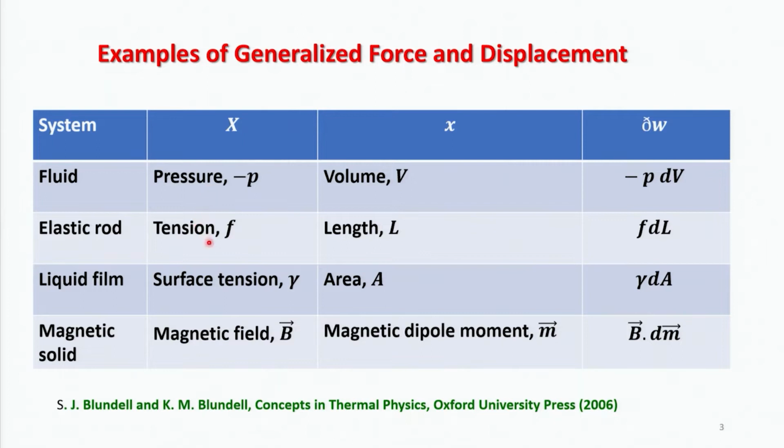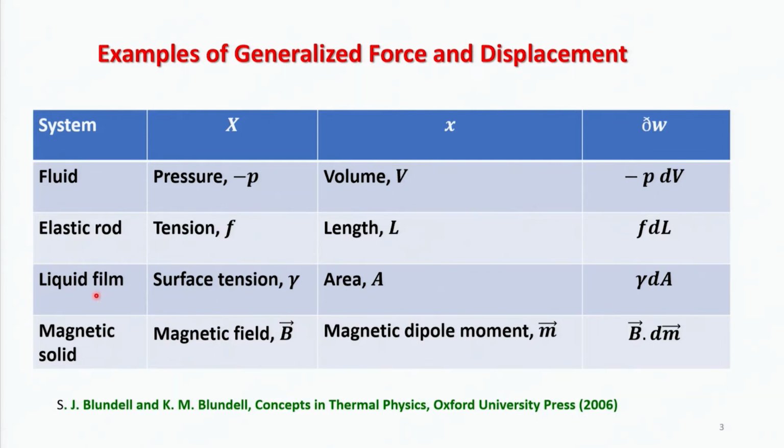So, if F represents the tension, then this is going to represent the analog of pressure in my example for the fluids, and therefore, I am going to use the tension F as my generalized force capital X. Now, here I see that the generalized displacement is the length L, and accordingly I find that dW is equal to F dL.